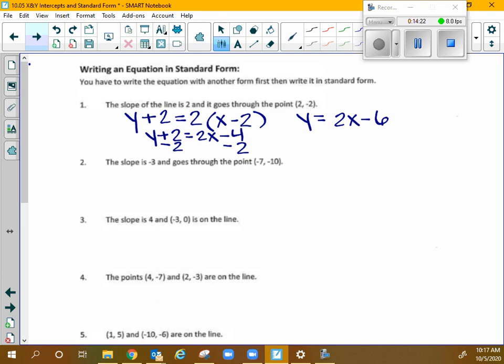You could. It's going to be faster for me to use point slope. But you could. Okay. 2x minus 6. Am I done? No, I want standard. What now? Subtract 2x. -2x plus y equals -6. Am I done? No. What do? Times -1. So I get, very good.